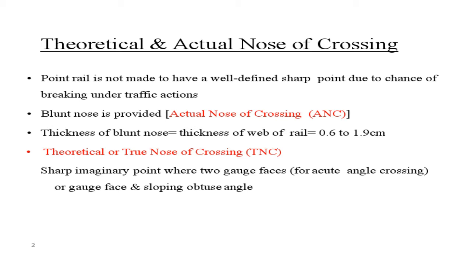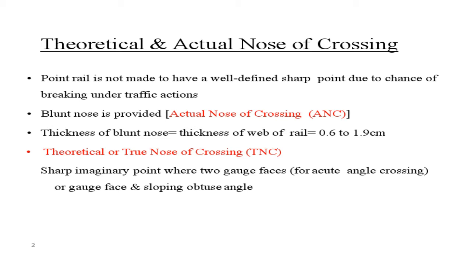The thickness of the web of rail increases with increasing gauge value. Now coming to the theoretical or true nose of crossing, the sharp imaginary point is the true nose of crossing. In the actual scenario it is made blunt, and if it is extended to make a sharpened point, then that is known as the theoretical or true nose of crossing.